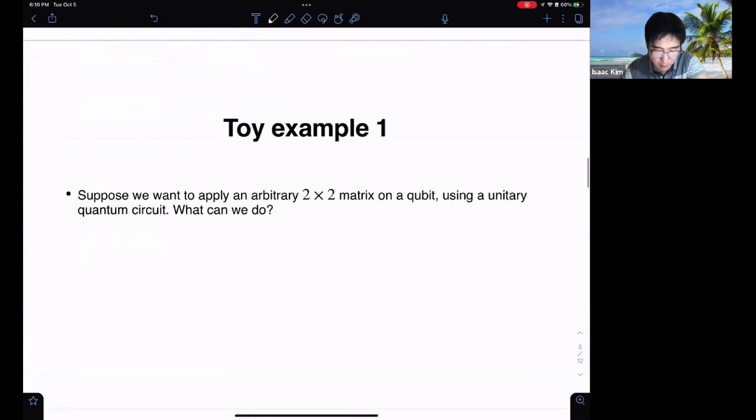But I think it's good to start with a toy example. I like thinking in terms of qubits because they're very simple and concrete.